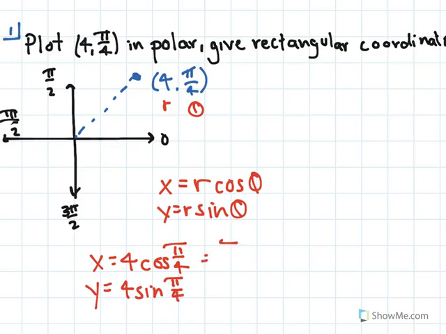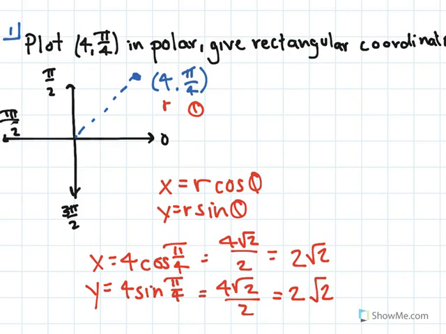So we're going to have 4 root 2 over 2, which would just be 2 root 2. And similarly, we'll have 4 root 2 over 2, which would just be 2 root 2. So our rectangular point would be (2 root 2, 2 root 2).